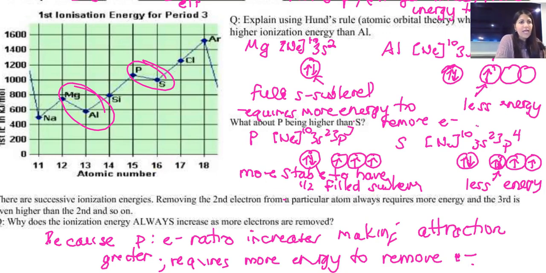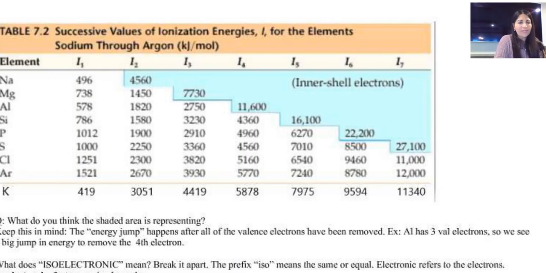So let's take a look here and just look at the graph and the way that this is working out. You can see this here. Now, there's something in this light blue color that I want to make sure that we pay attention to, okay? You can see that sodium, yes, it increases, okay? Magnesium, yes, it increases. And aluminum, we can see, yes, it increases every time, just like we said. Every time you pull 1 off, so I1 is removing the first electron, I2 is removing the second.